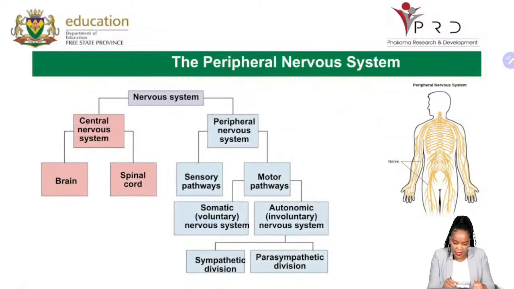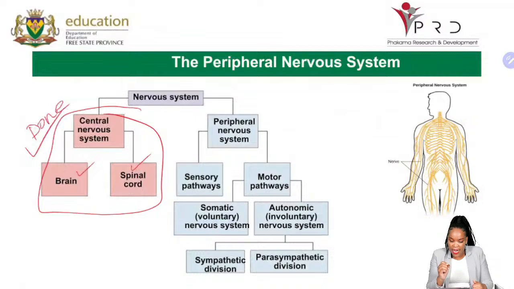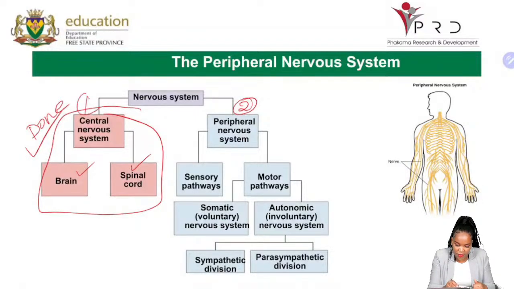You have the central nervous system, which we are done with because we did the brain and also the spinal cord. But now the nervous system consists of the second part. Remember, this was the first part. This is the second part. The second part is the peripheral nervous system, which is the PNS.